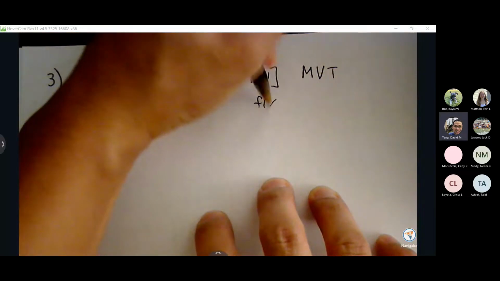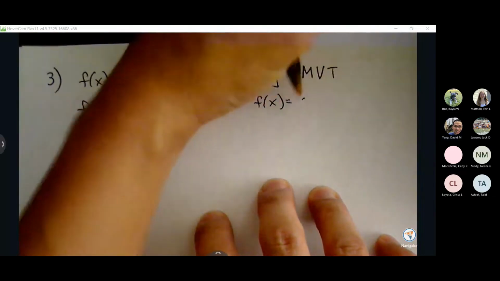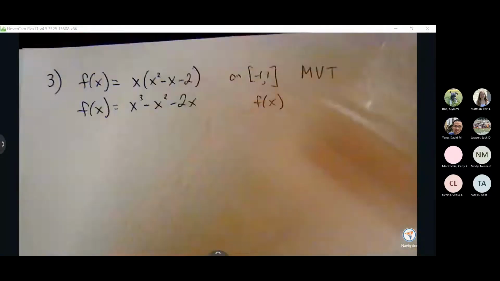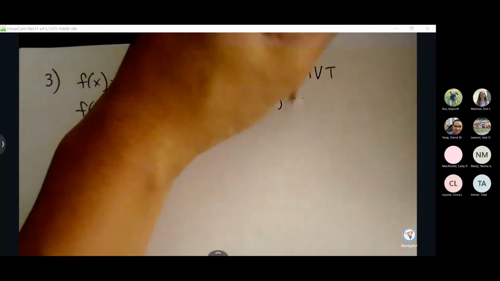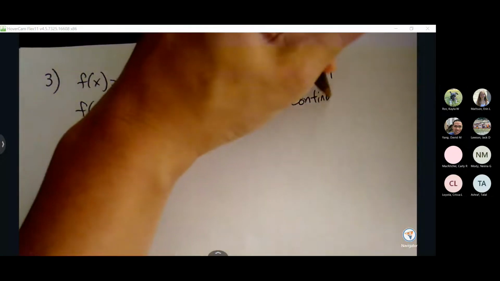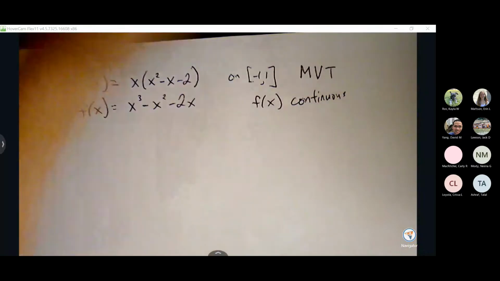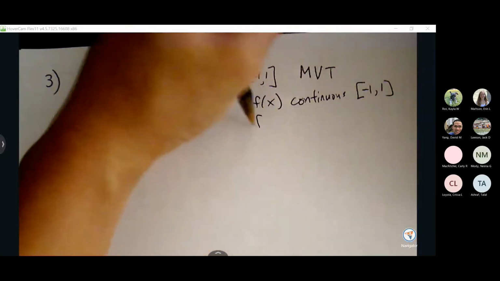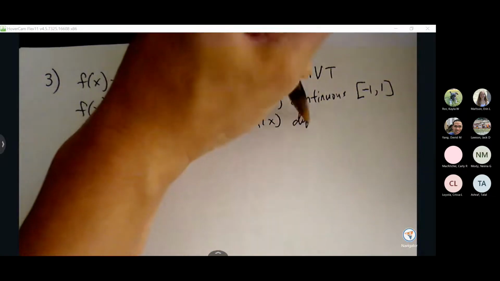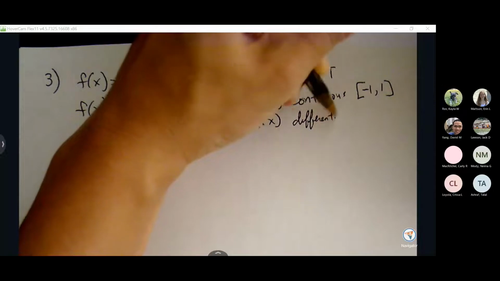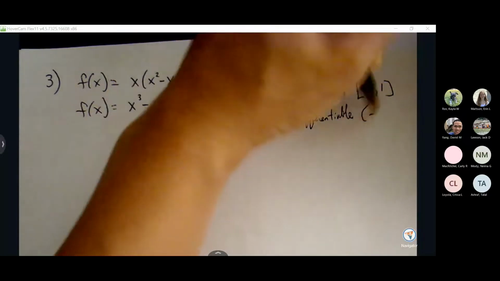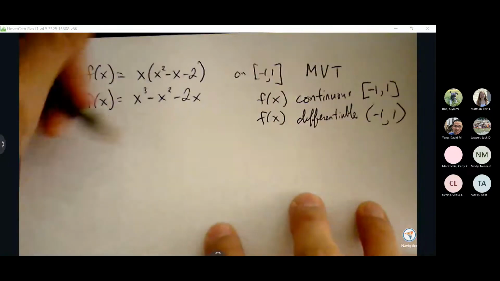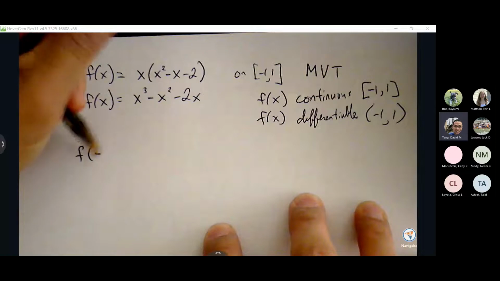Okay, conditions look good. Okay, spend the time to find the endpoints.